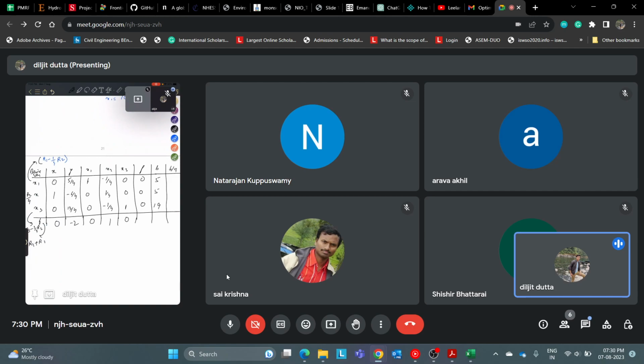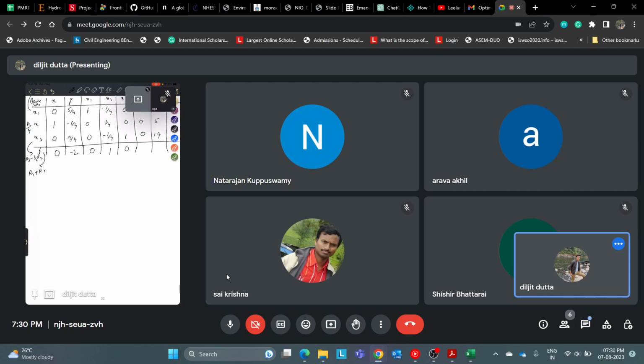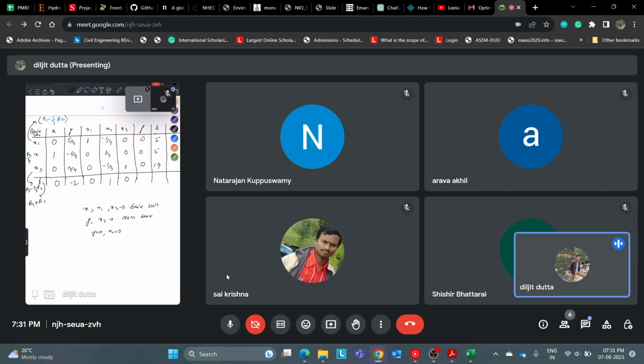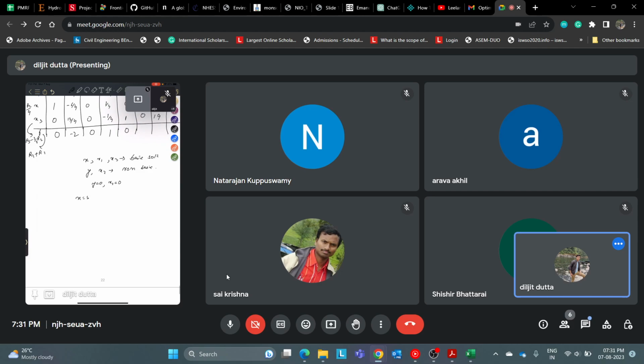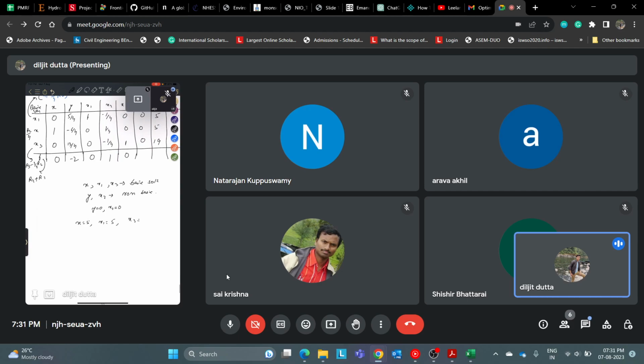And what is the value of f that we will get here? So here we have set x1 and x3 as the basic solution, y and x2 non-basic. So as y and x2 are non-basic, y equal to 0, x2 equal to 0, and for the basic solution what we will get, x is equal to 5, x1 is equal to 5, and x3 is equal to 19.